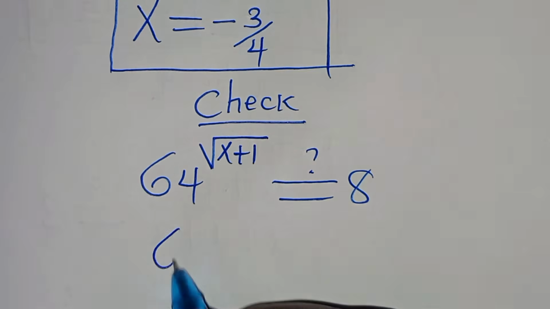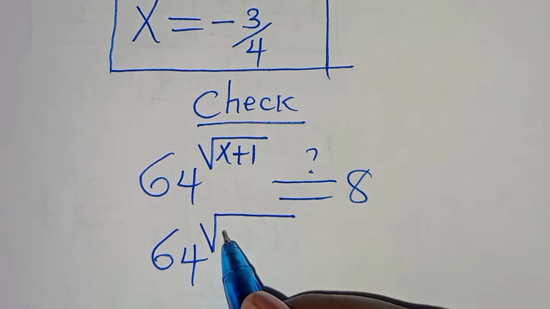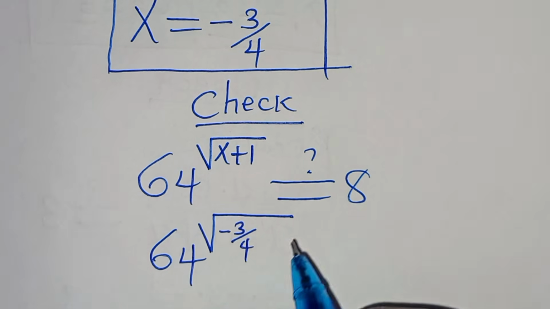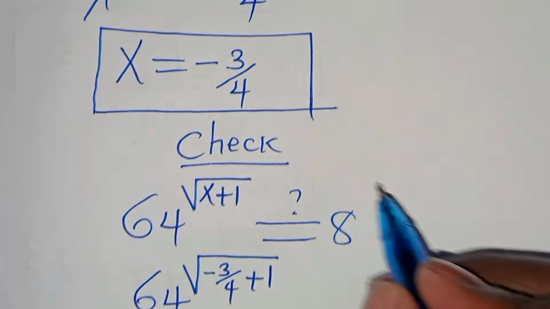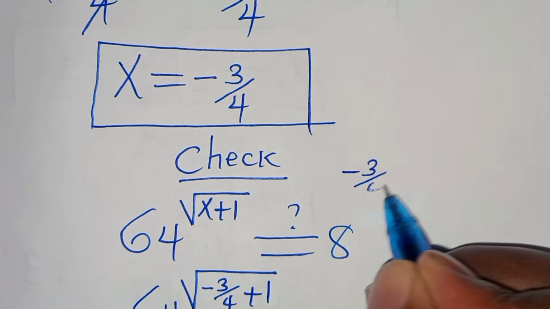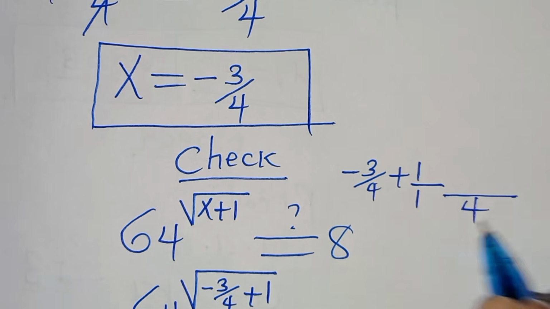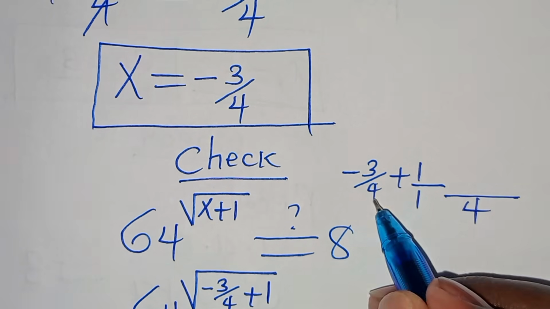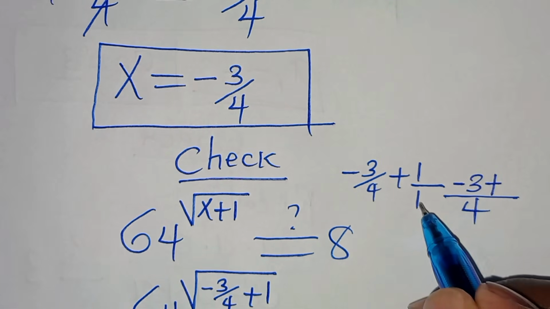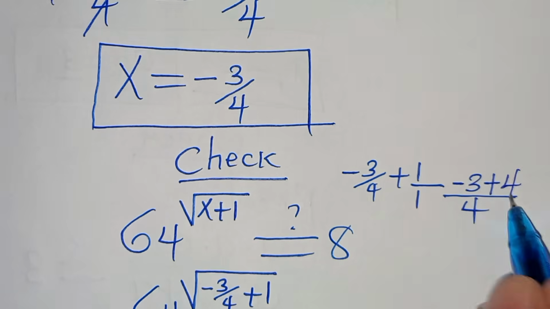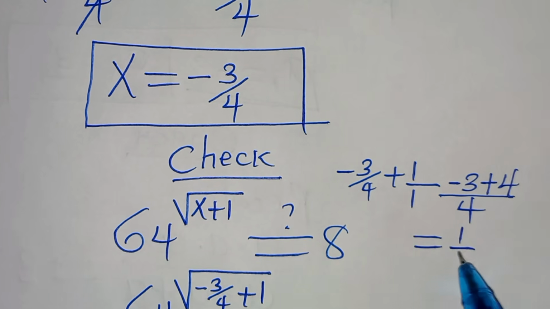So this is 64 raised to the power of square root of minus 3 over 4 plus 1. 1 is a whole number, so we have the LCM as 4. 4 divided by 4 is 1 times minus 3. This is minus 3 plus 4 divided by 1 is 4 times 1. This is 4. So we have minus 3 plus 4, which is 1 over 4.